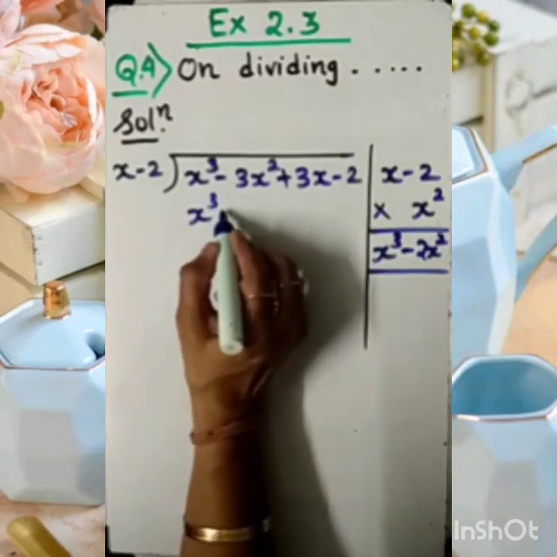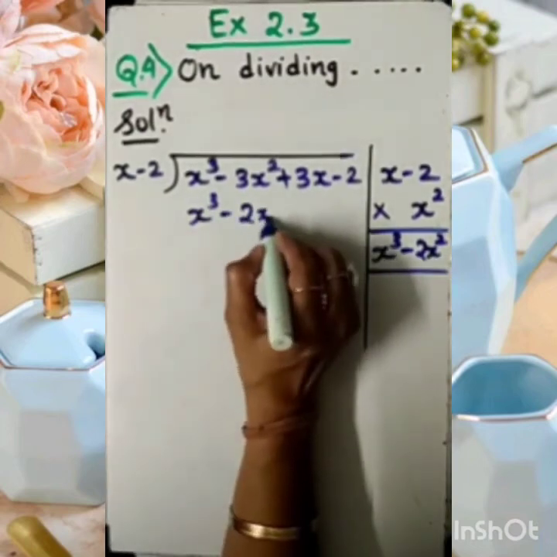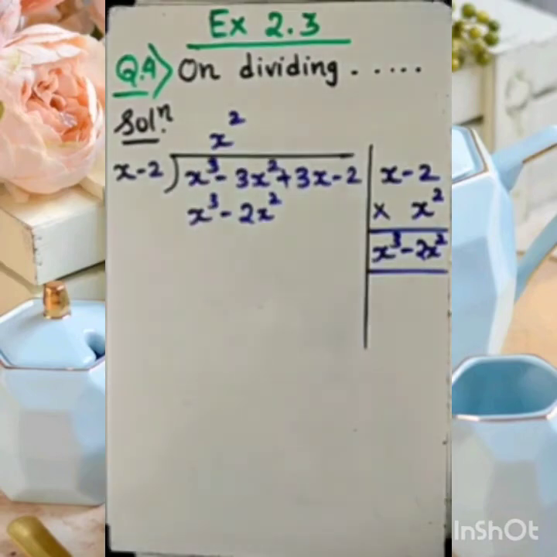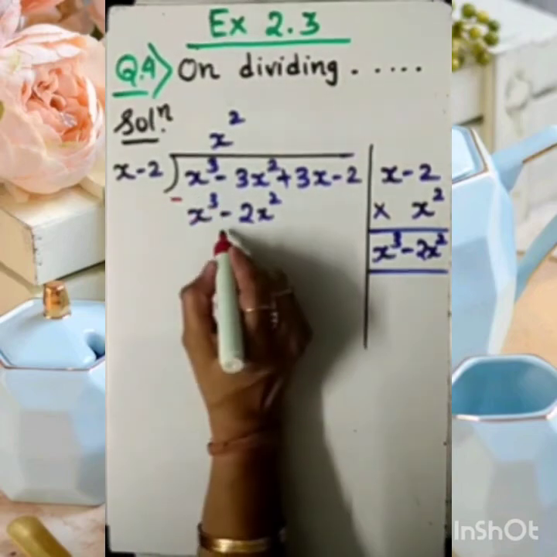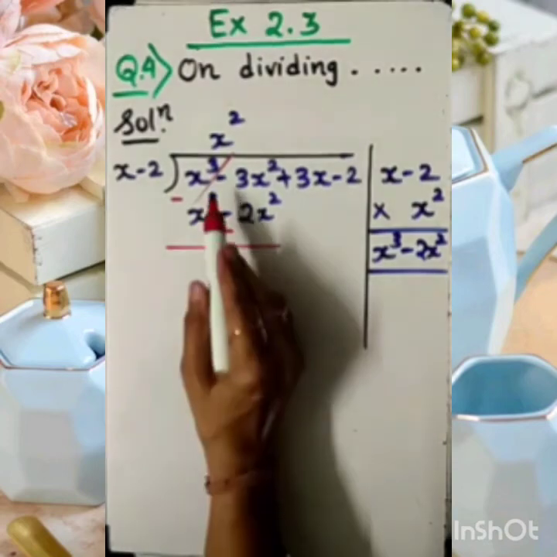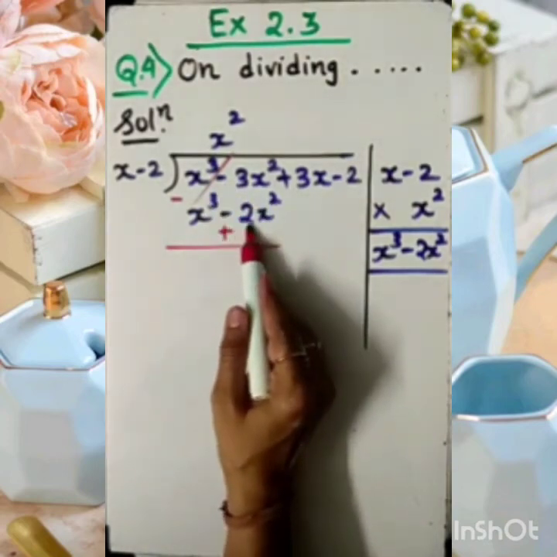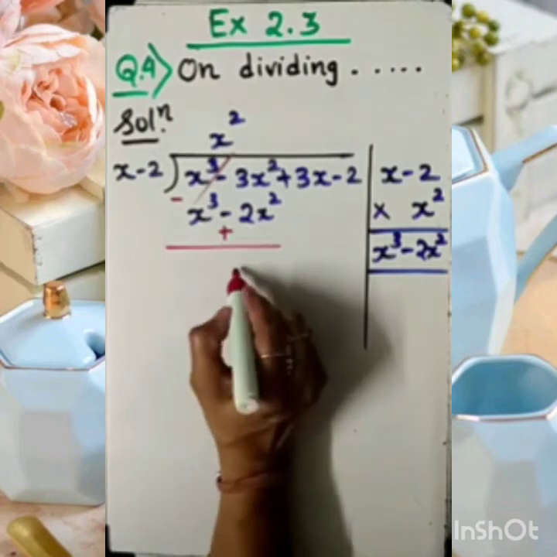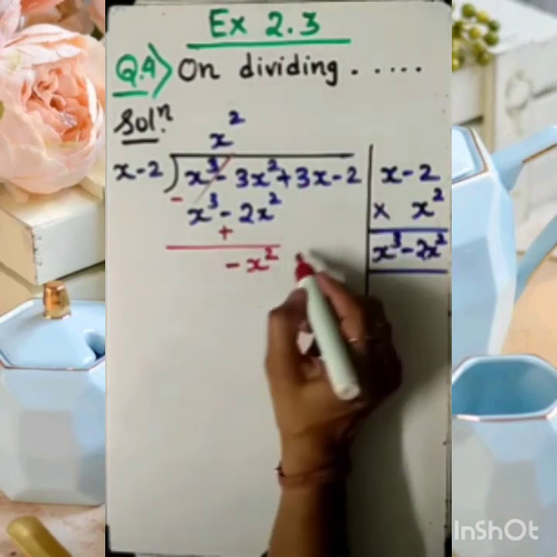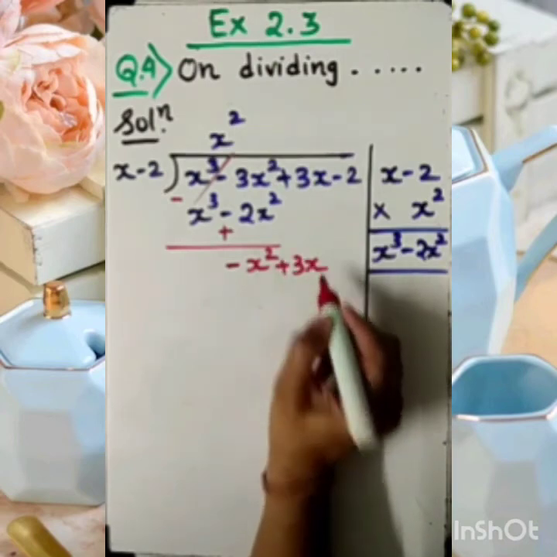So I need to write x square here. As usual, we need to change the sign. This will be minus, this will become plus, this will be cancelled. Minus 3 plus 2 will be minus x square. And this plus 3x I am bringing down.